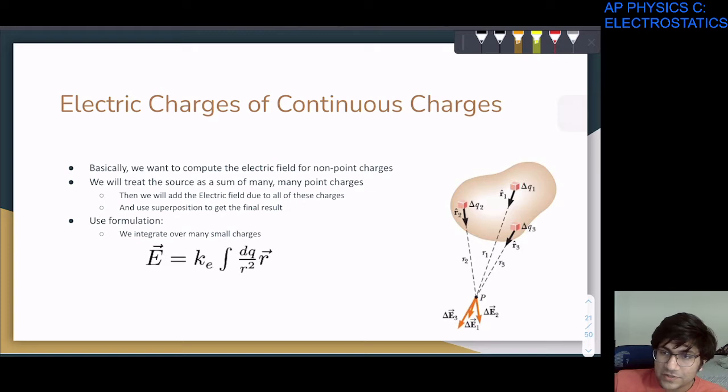All we're going to do is treat this mass as a series of small charges, and sum up the electric fields due to all of those charges, and that's going to be our answer. So how do we sum up something continuous? Well, we use an integral. So this is what we're going to do: k_e q over r squared, but this time we're going to do dq, a small point, and we're going to integrate.